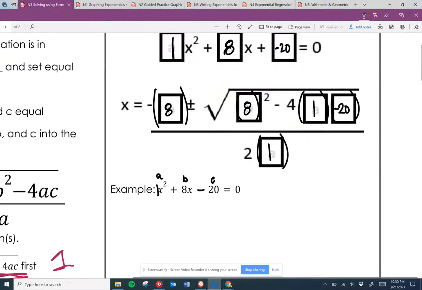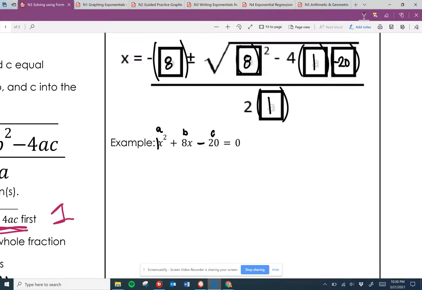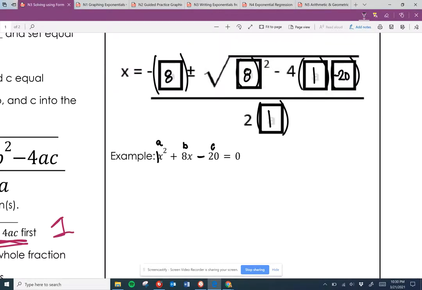So what we will do is we will go to our calculator and we will type in everything underneath the square root. Okay, remember I told you the first step is everything that is underneath this radical. Okay, 8 squared minus 4 times 1 times negative 20. Right?